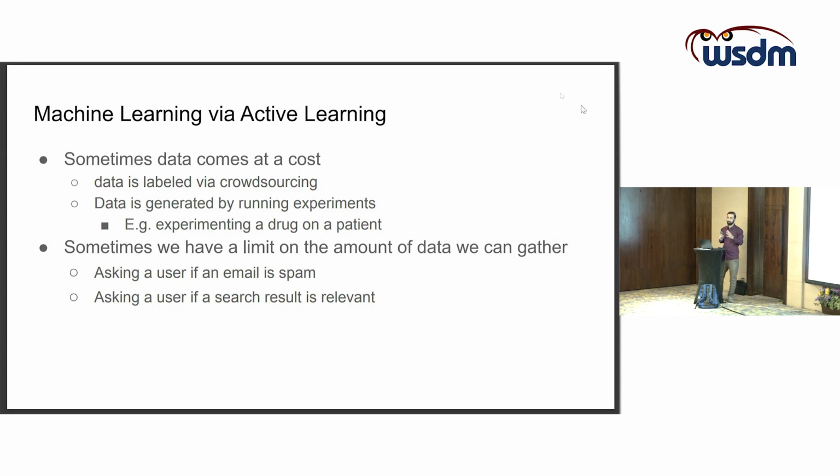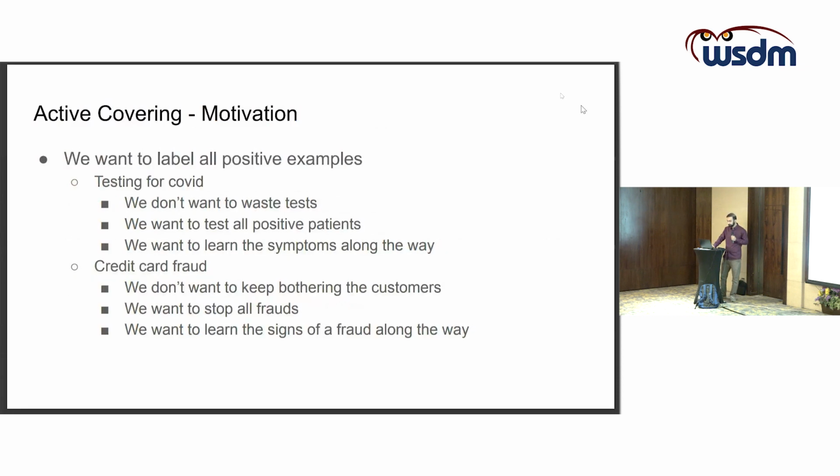So we have a bound, a limited number of queries that we can make, and this is because we don't want to bother the user too much. So this falls in the context of active learning. There is a cost or limit on the number of examples that we can label, and we want to take that into consideration.